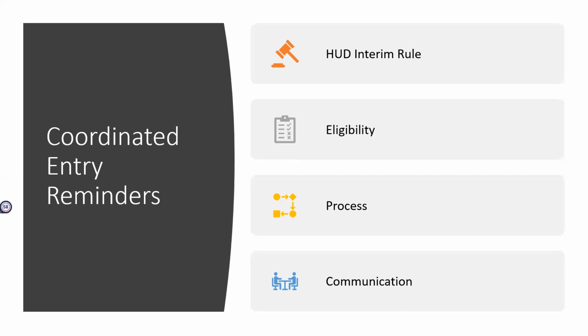Every day more people come on the list, and they may be identified or assessed as a more vulnerable household than the one that was there the day prior. So please ensure that you're communicating the real situation to your clients as you work with them.